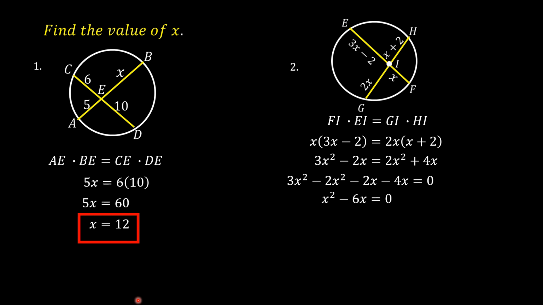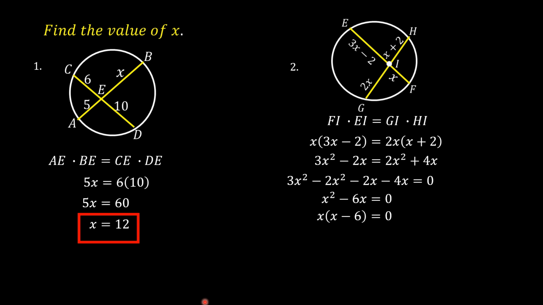This is now equal to x squared minus 6x is equal to 0. There is a common factor here, which is x. Factor it out. So we have now x times the quantity x minus 6 is equal to 0.